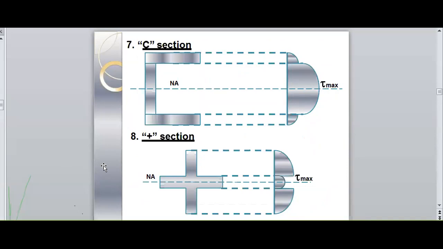So 5 different cross sections. I will show how we attain the curves by deriving them.